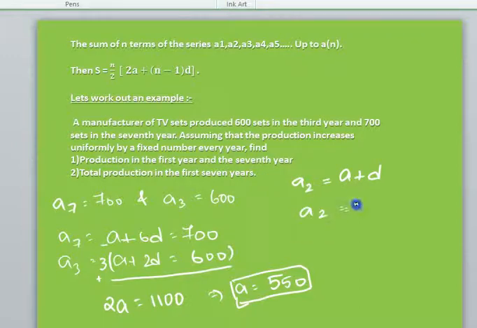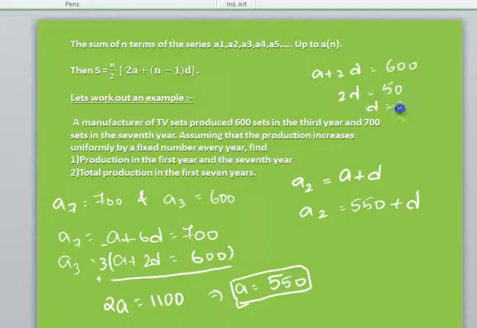A2 is equal to 550 plus d. What is my common difference over here? Let me find out from this equation. a plus 2d is equal to 600. But my a is equal to 550. So 2d is equal to 600 minus 550, that is 50.